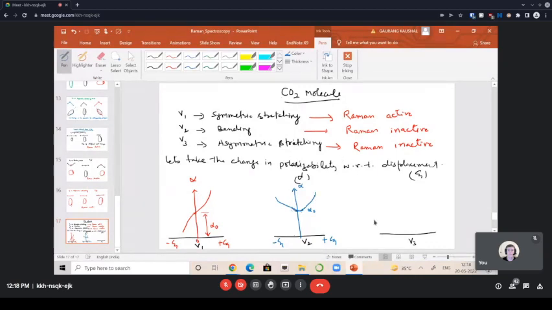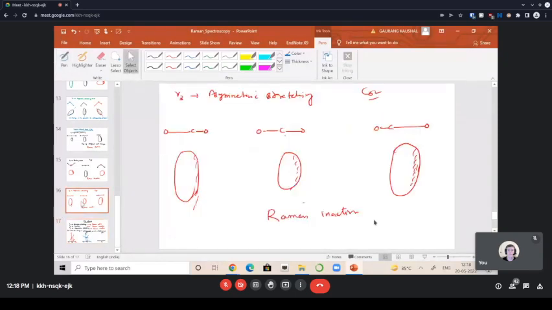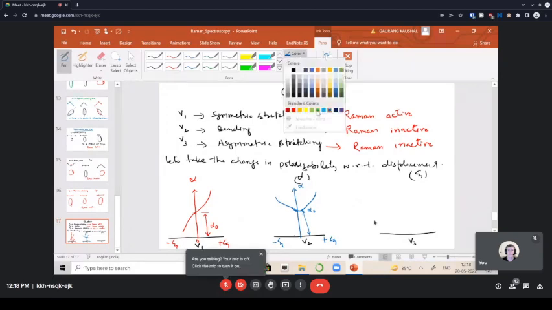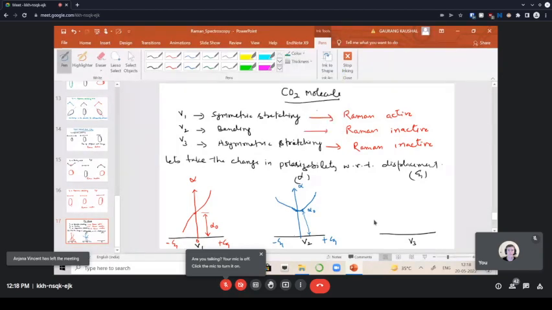Okay, so this is the alpha naught. In the third case, we have the asymmetric stretching of the bonds. Here the polarizability versus displacement coordinate curve will be like this. We have alpha on the y-axis, where alpha naught is the equilibrium polarizability.